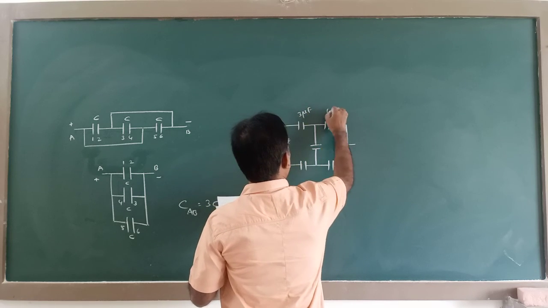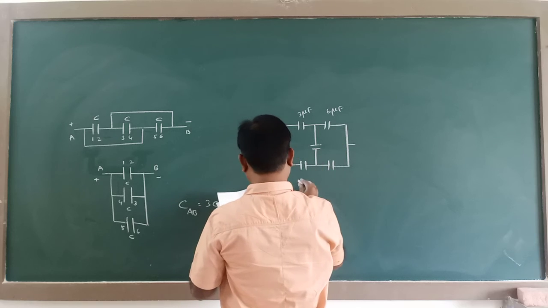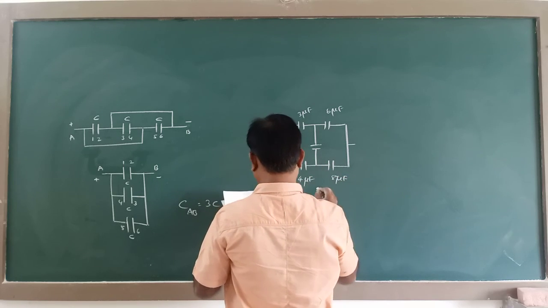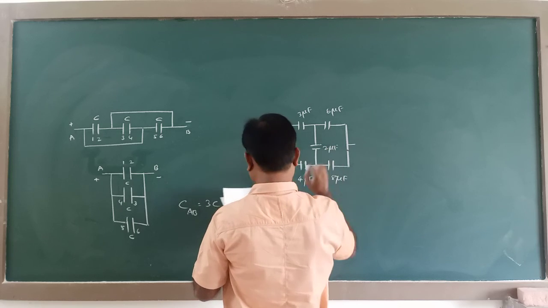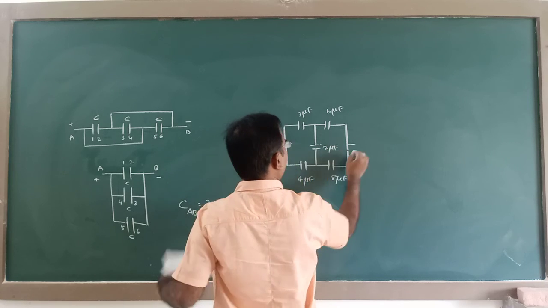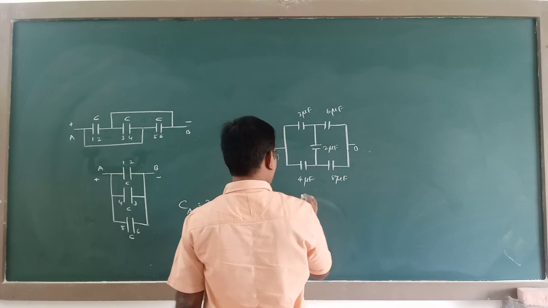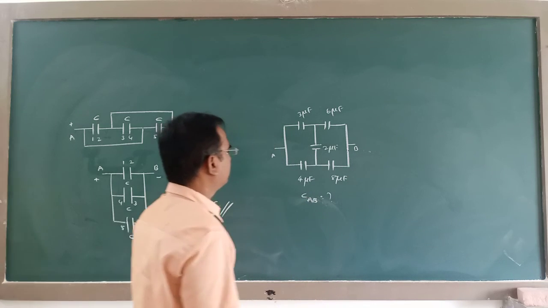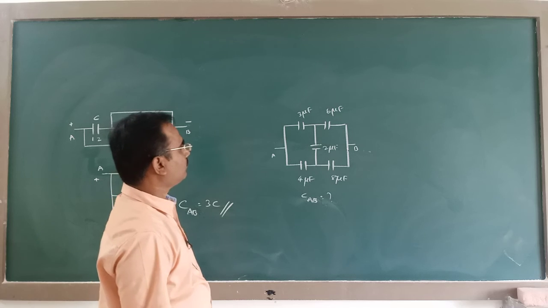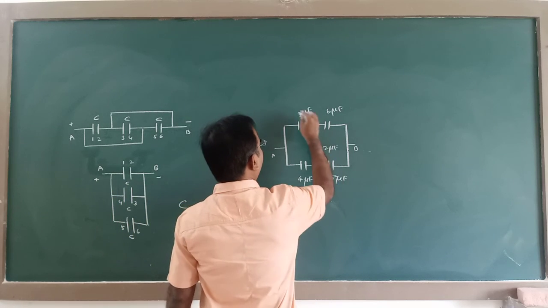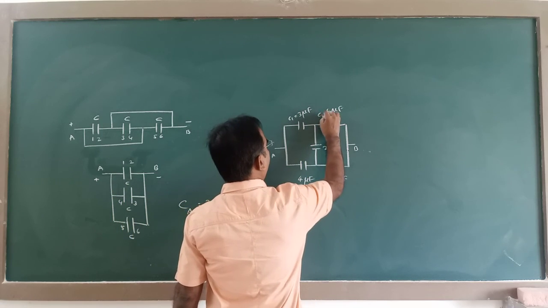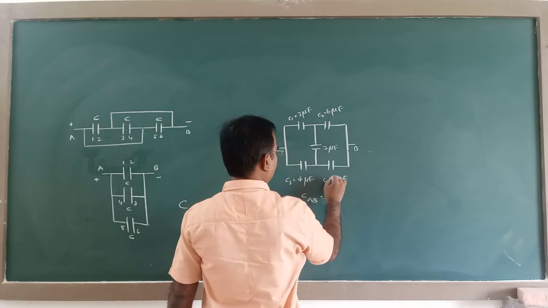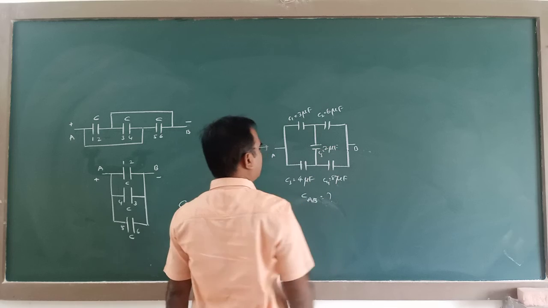Three microfarad, 6 microfarad, 4 microfarad, 8 microfarad, 2 microfarad. You are asked to find the effective capacitance across AB. I can mark them like this: C1, C2, C3, C4, C5.